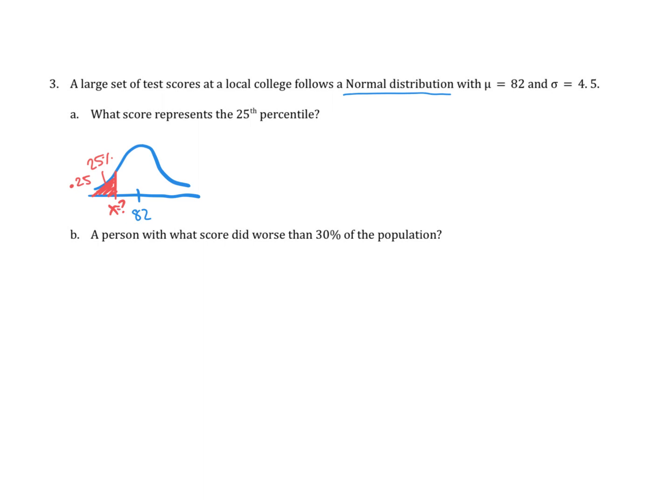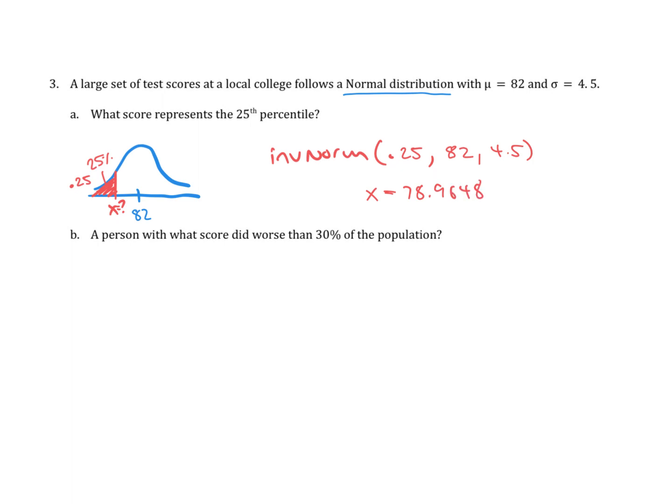So I'm going to do the same thing, inverse normal. I put in the area of 0.25, the area on the left-hand side, and I can put in my actual mean and standard deviation. 82 is the mean, the standard deviation is 4.5. And that gives you x equals 78.9648.